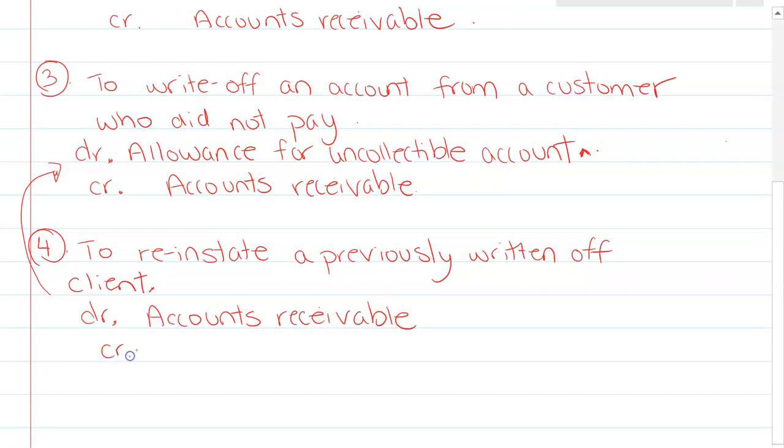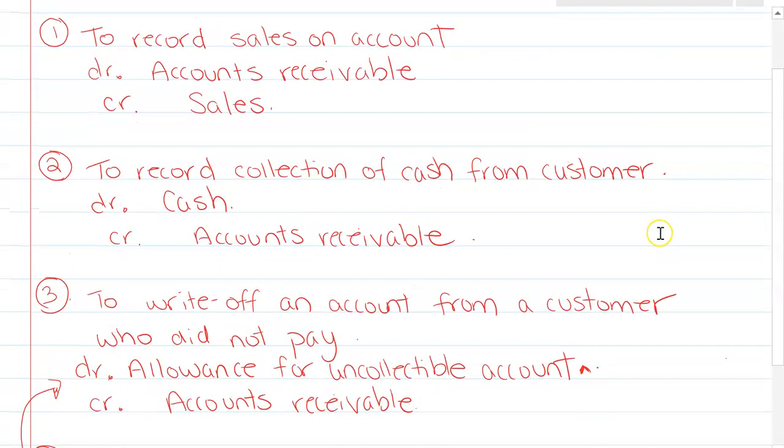And then you're going to credit the allowance for uncollectible account. And then what you could do is collect the cash. So then you would go up to this journal entry here and then record the collection of the cash from that customer.